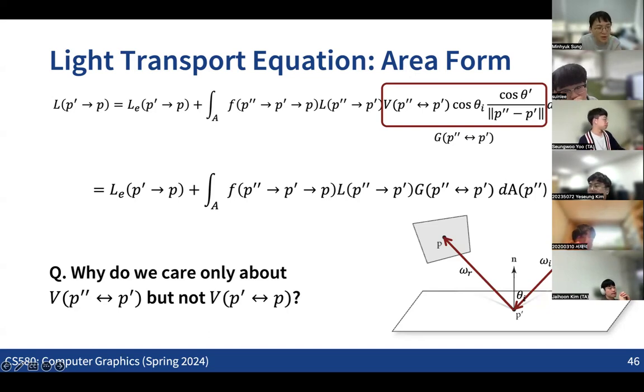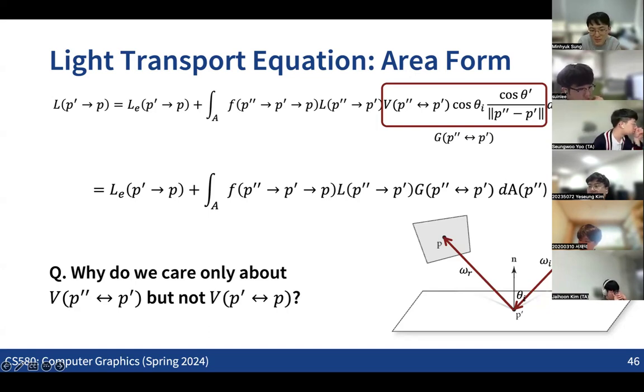We would instead have another first intersection point, and we would calculate the reflection at that point, right? So obviously, if we are calculating the reflection at P prime in the direction of P, it means that P prime was the first intersection point from P in this ray tracing, so there was no occlusion.